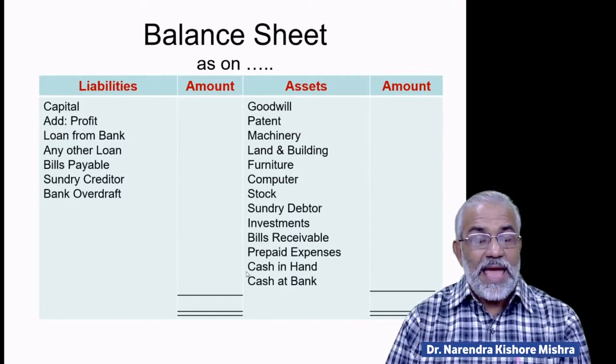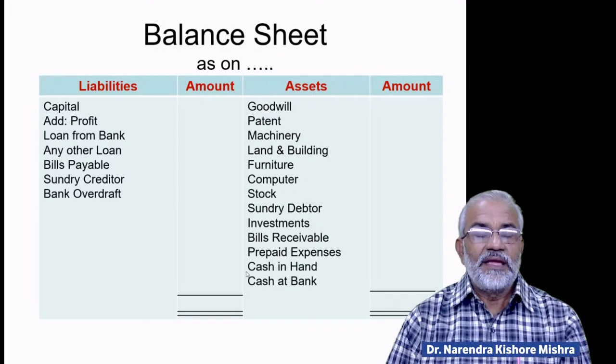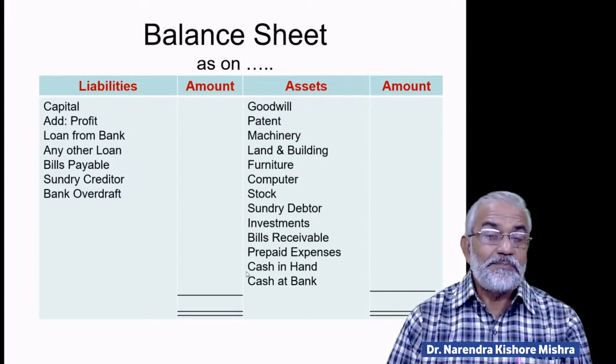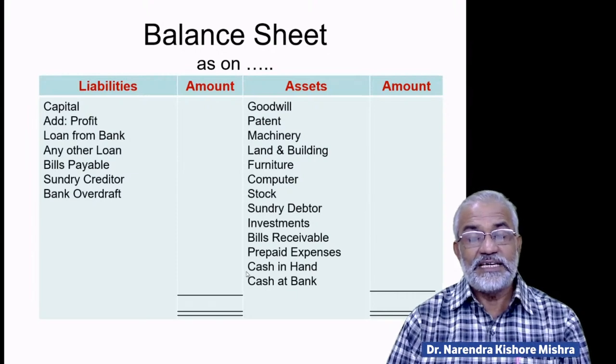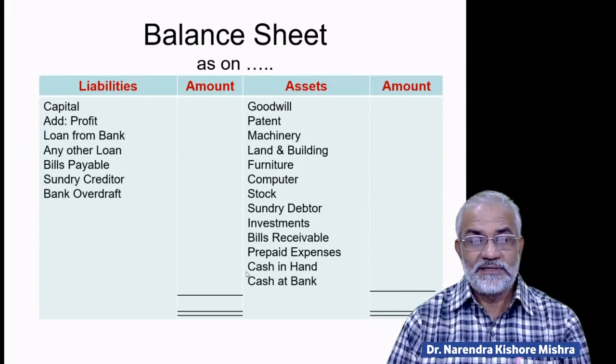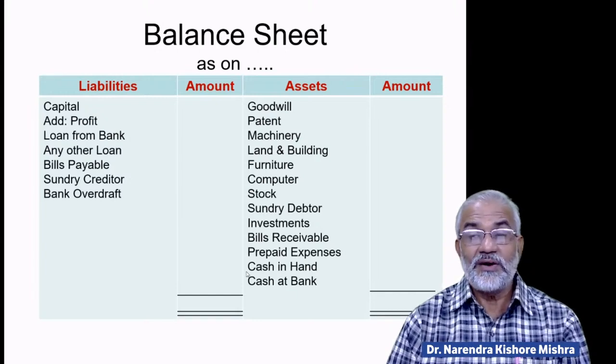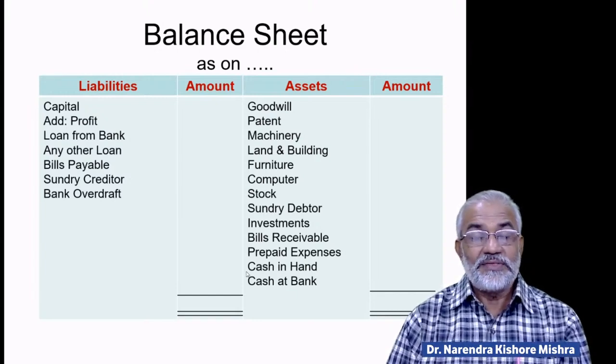If the bank, taking the credibility of the person, has passed that check. Suppose the check issued is for 10,000 and the balance appearing in our current account is only 5,000. So the balance is 5,000, but a check is issued for 10,000.